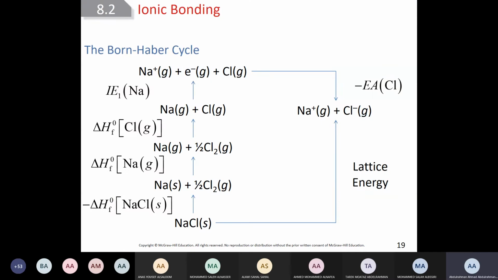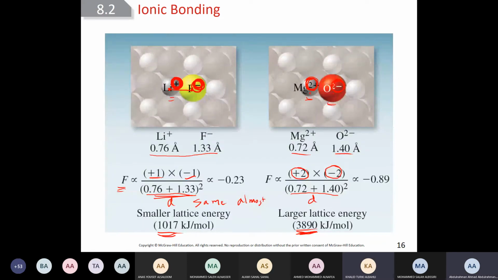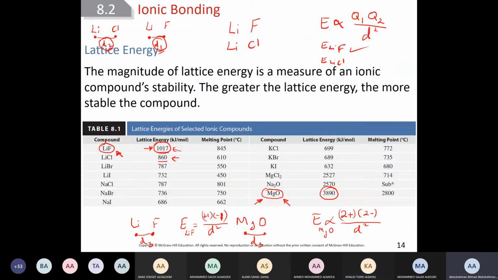Doctor, can you go back to the slide before? How do we convert -0.23 to 1017 kilojoules? You got it from this table. These are the numbers. 1017, and for MgO, 3890.